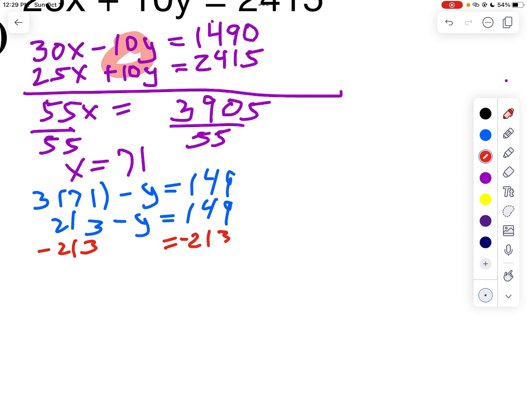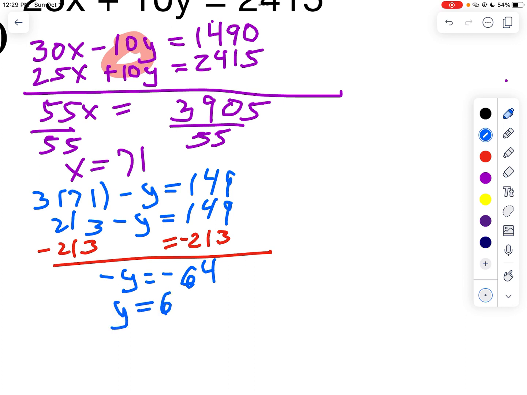Since 213 is bigger than 149, my answer is going to be negative. So negative y equals negative, and what did we get there? 64? 13 minus 9, yeah, 64. Since negative y is negative 64, y is positive 64.